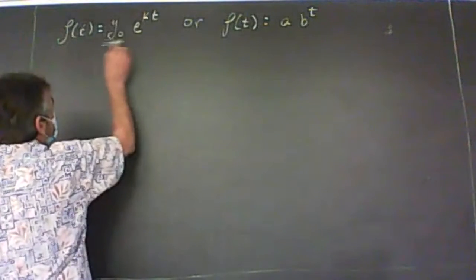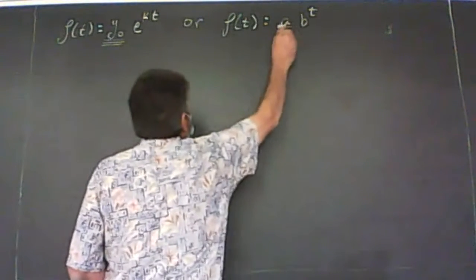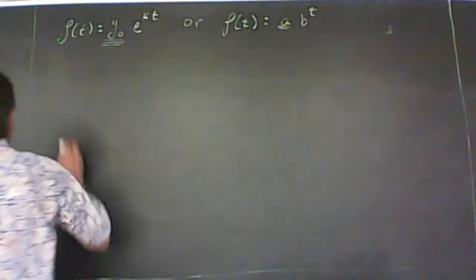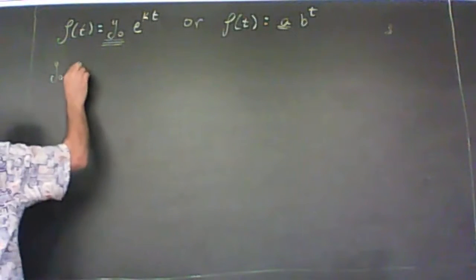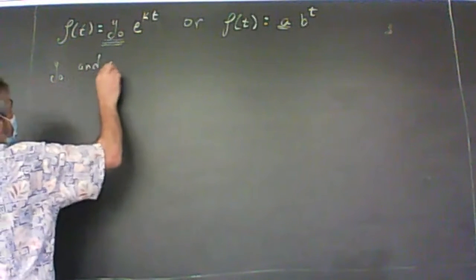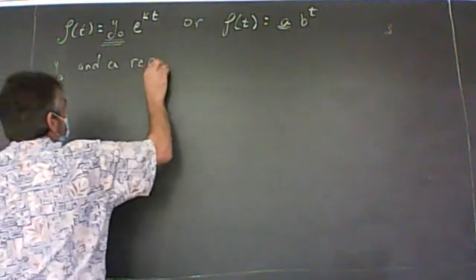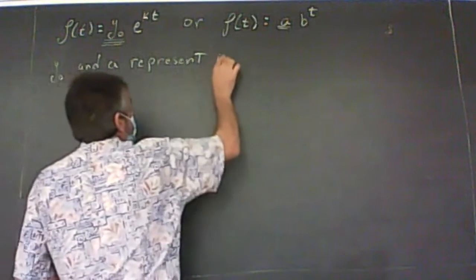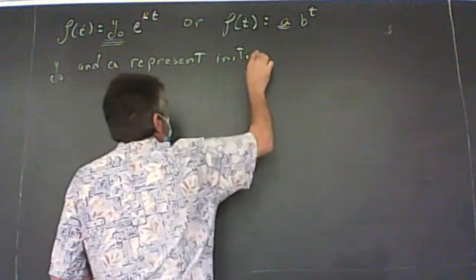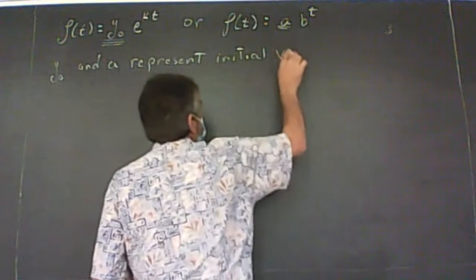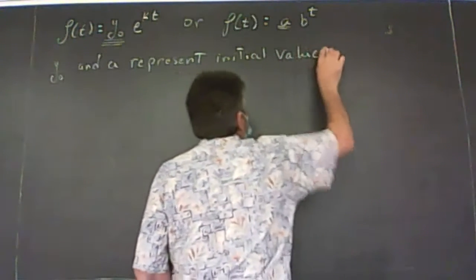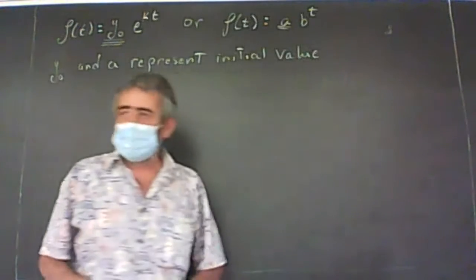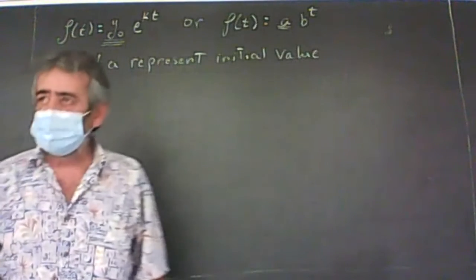Y0 and a, let me write them down. Y0 and a represent initial values.